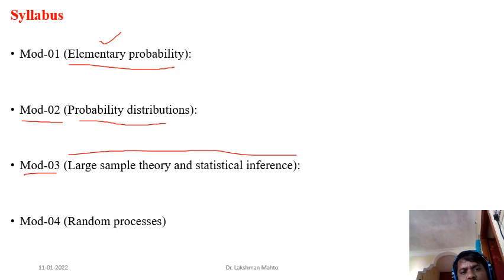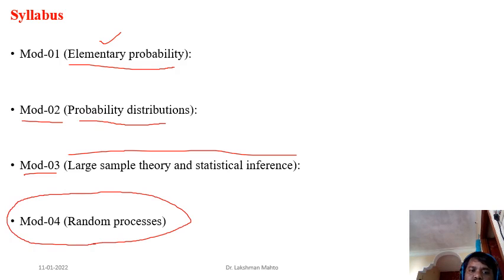Once we have enough idea of elementary probability distribution, sample theory, and large sample theory, at the end we can discuss random processes. I had already told you that I will discuss the Gaussian process in detail. Then I will discuss very simple kinds of processes, which everyone might be aware of from the supermarket concept or the cinema hall concept.